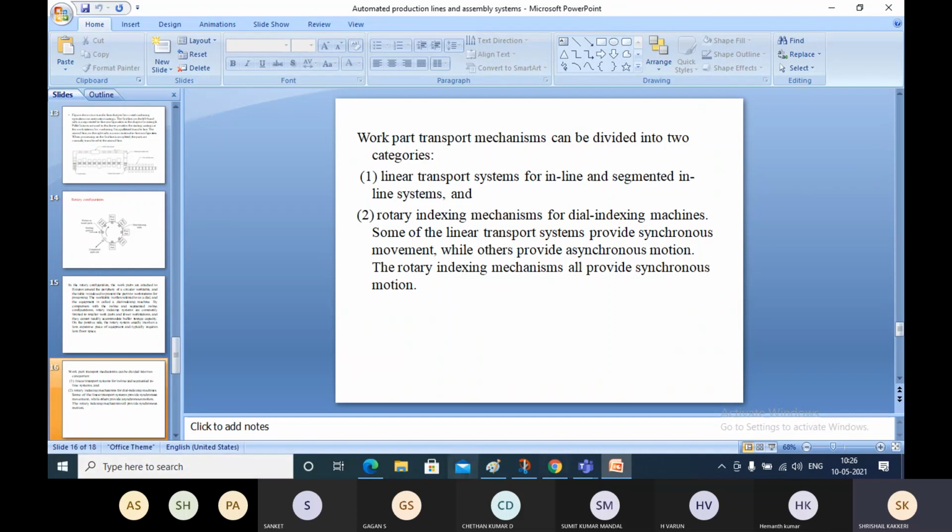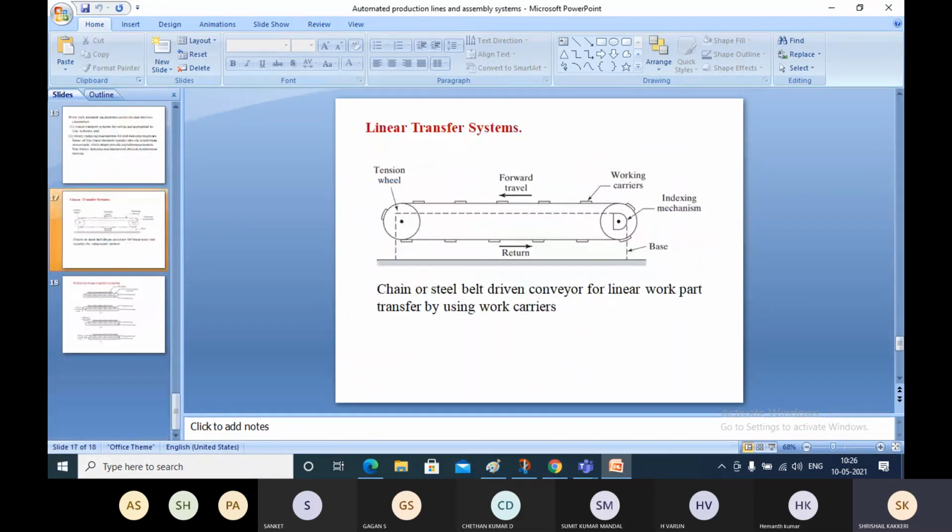Linear transfer systems may be steel belt conveyors, canvas conveyors or chain conveyors. In its very simplest form, there will be a frame, and there may be a number of workstations in between, and this endless chain conveyor or steel belt conveyor will be rotating. Here the DC indexing motor will be fixed, and its rotary motion will be converted to linear.